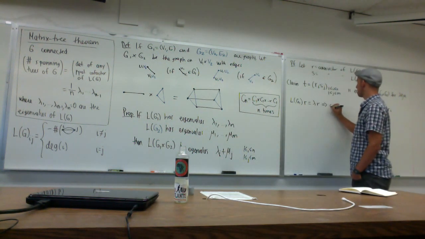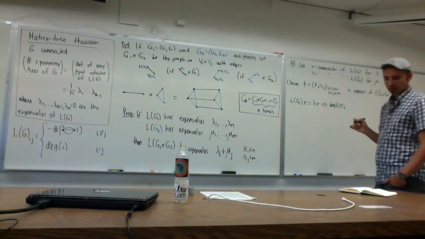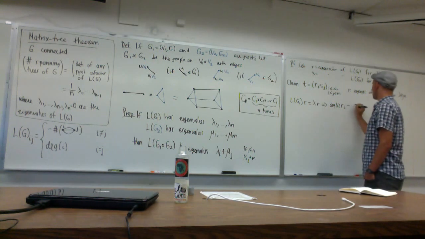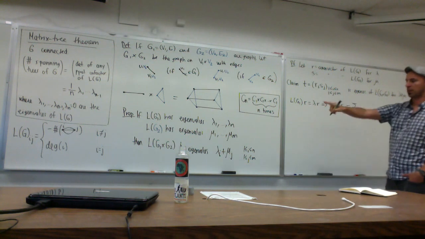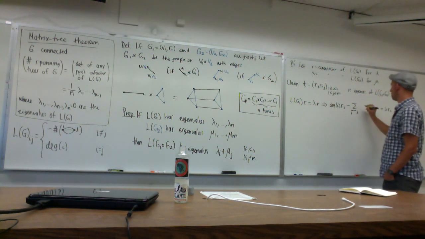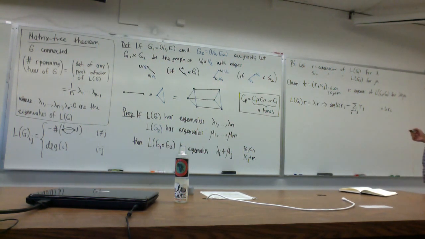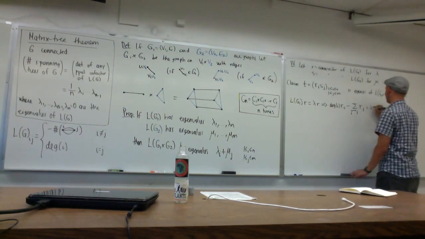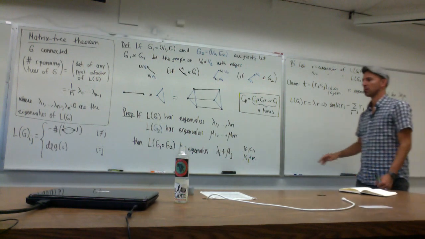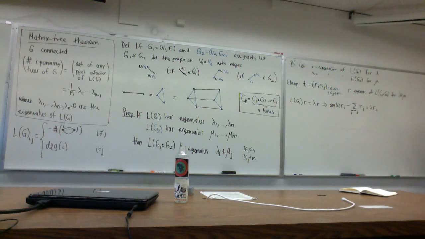And so what do I get? I get the degree of i times ri minus the sum over the edges like that of rj. This is what I get when I multiply the Laplacian by my vector r and I look at the ith coordinate. Okay. So this should be true for all i.